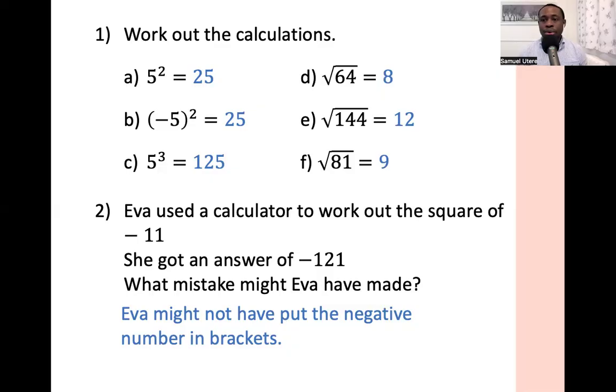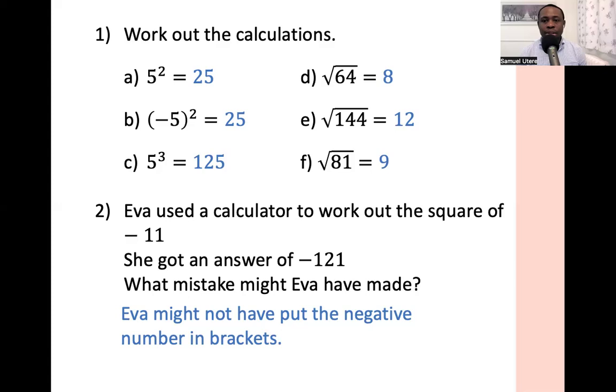That is only useful when you're working with equations. Remember, we are only interested in the principal root of the number, so the positive answer. But when we're solving equations, we're interested in the negative part of the answer because we know that negative 8 squared will give us 64. So it's really important you note this difference.